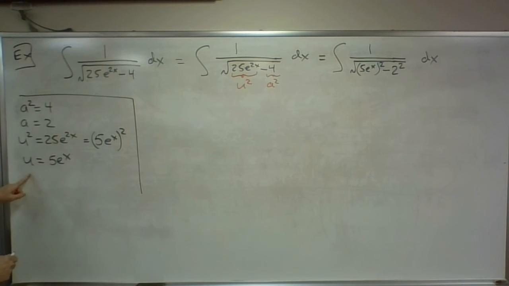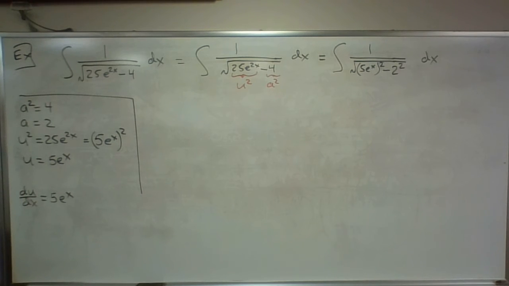Here is our u. I'm going to leave a line right here. I have an ulterior motive. du/dx is going to be 5e to the x.